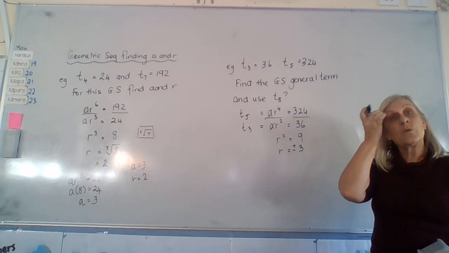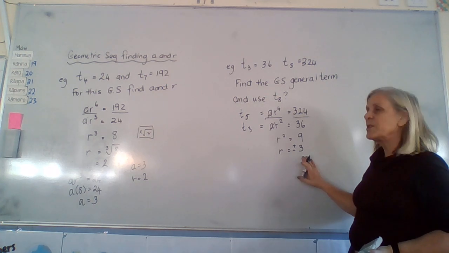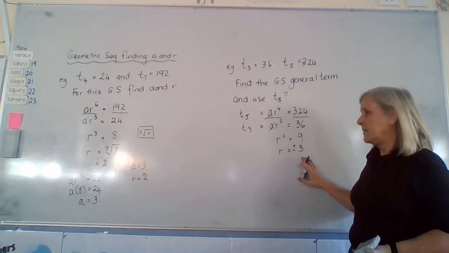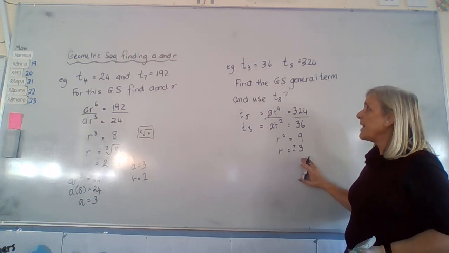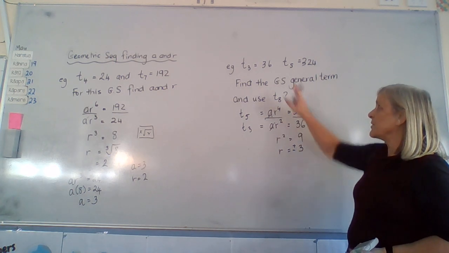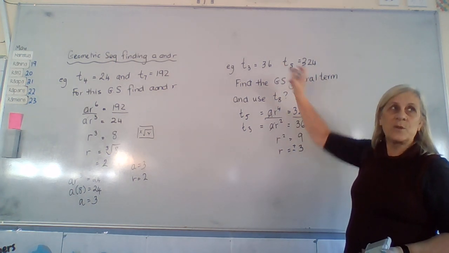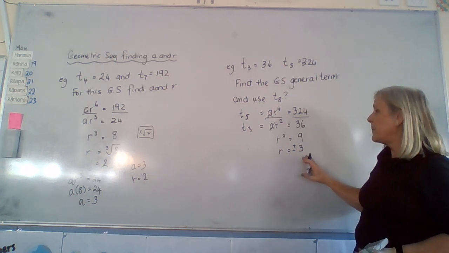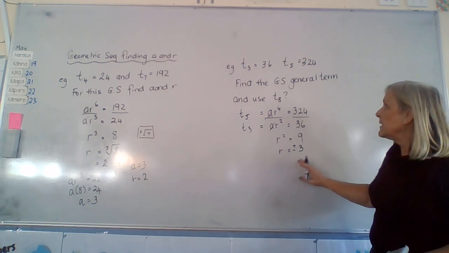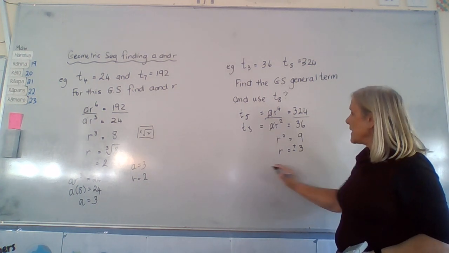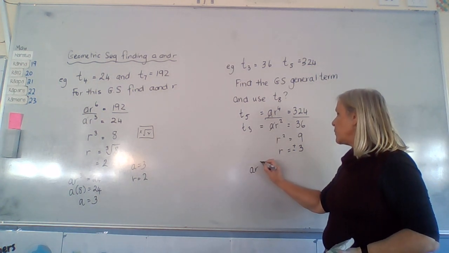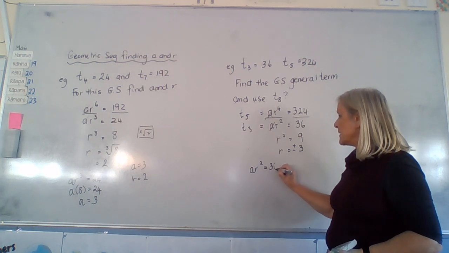All right, so there are two options here. We could have r equal to 3. We could have r equal to negative 3. That means that the term in between here is going to be a negative, which is a bit of a weird one, but can happen. All right, so we go back to T of 3, A r squared equals 36.